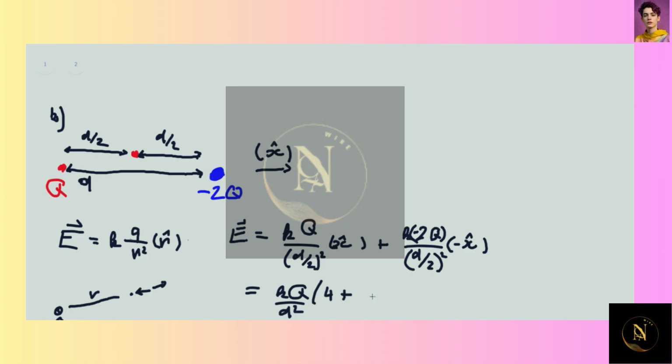And then you're going to have 2 times the same thing, which is 8. And so you're going to end up with 12 times k times q over d squared. And this is going to be pointing in the positive x-hat direction. So this is your final answer.